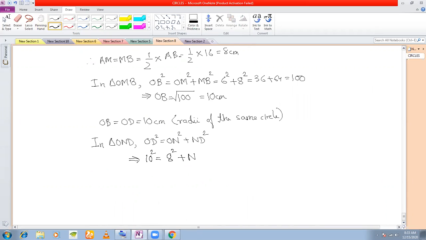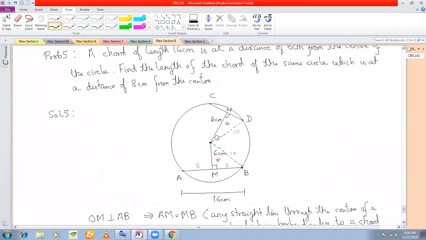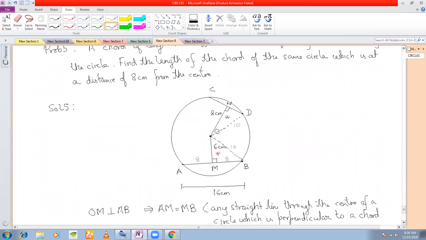You have to calculate ND. That means ND square is 10 square minus 8 square, which is 100 minus 64, which is 36. That means ND is the square root of 36, which is 6 centimeters. So the length of ND here is 6 centimeters.